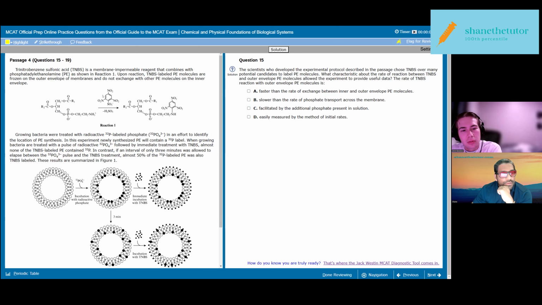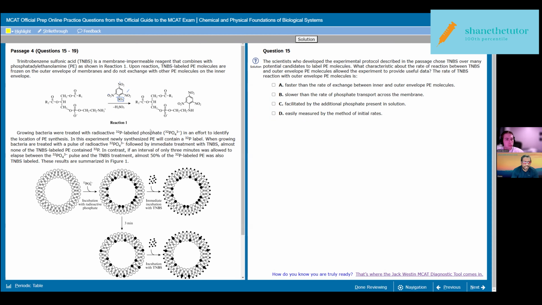This one. And you can see that it's got a sulfonic acid aspect to it, and the trinitro, three nitro groups, and the benzene in the middle. Hence trinitrobenzene.